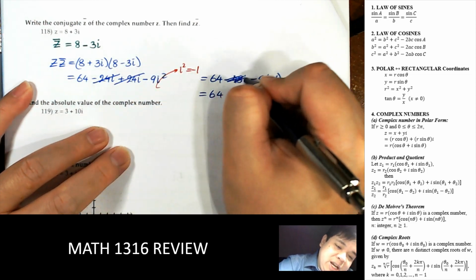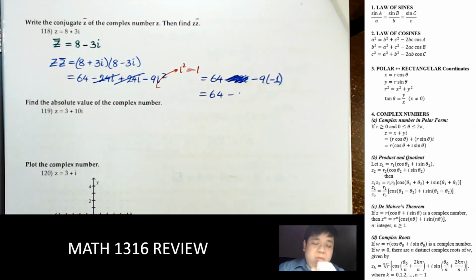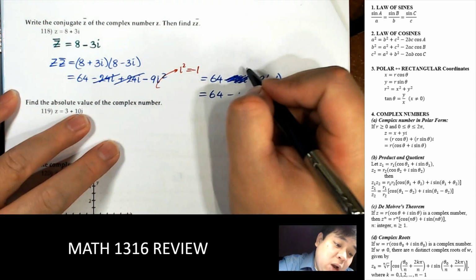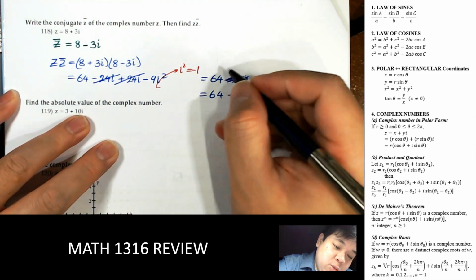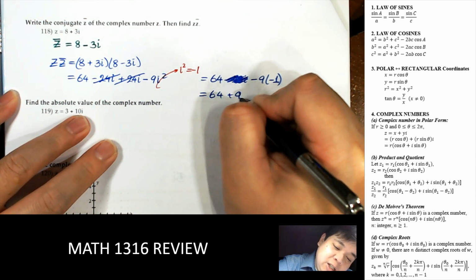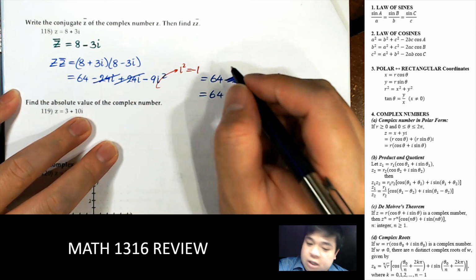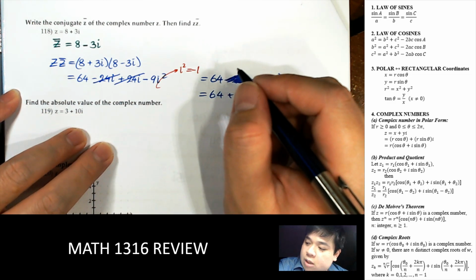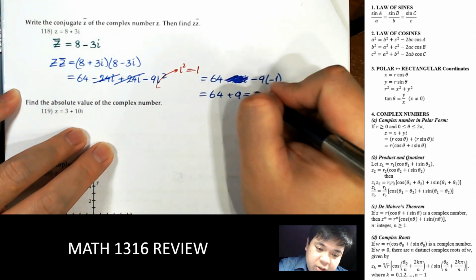Sorry, the middle terms cancel out. That's why every time we multiply by the conjugate, the middle terms always cancel. So 64 plus 9, that is 73.